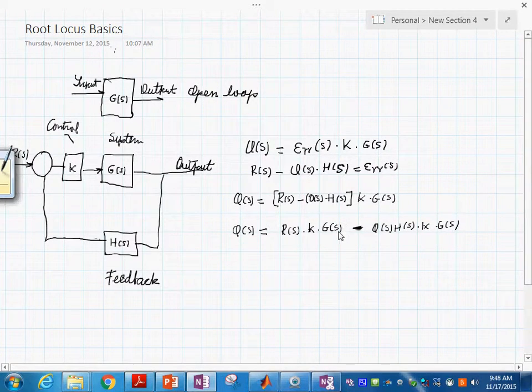Okay? So here we need to play with it to put all the terms that contain the output on the other side.